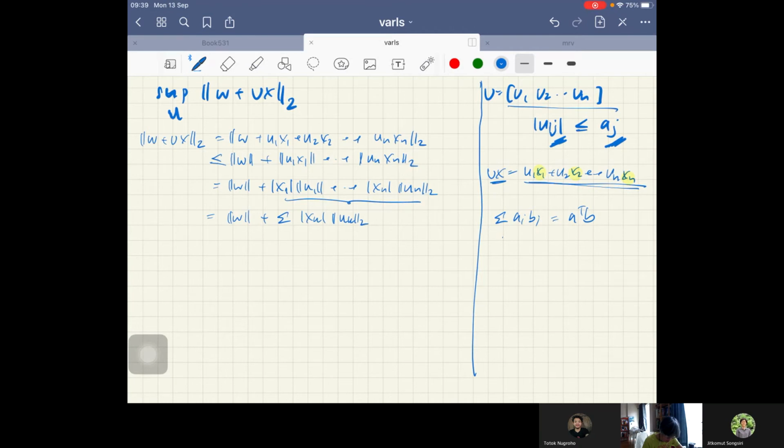So I'm going to change the notation a little bit. You can think of this summation as having a vector that contains the magnitude of x1, the magnitude of x2, dot dot dot, the magnitude of xn. And another vector is a vector of what? The two norm of column 1 of U, the two norm of column 2 of U, dot dot dot, the two norm of column n in U.